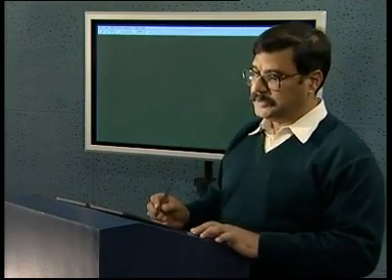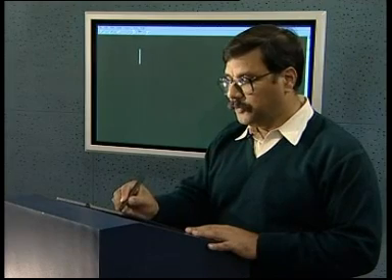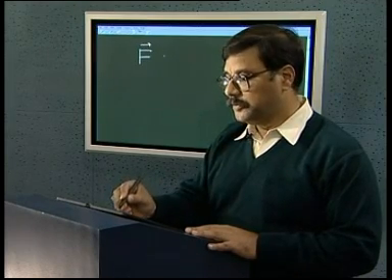The simplest one, as I said earlier, is the force which is proportional to v, and I am going to write this as F equals minus K v, and I am going to call it drag force. K is the coefficient of drag.